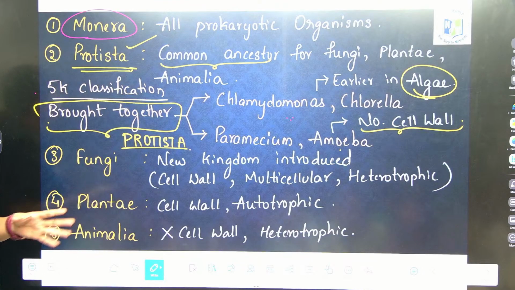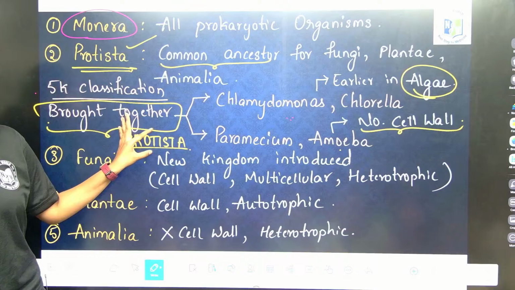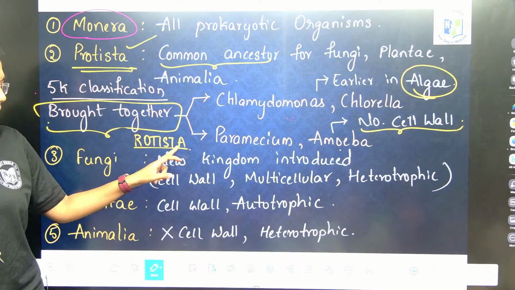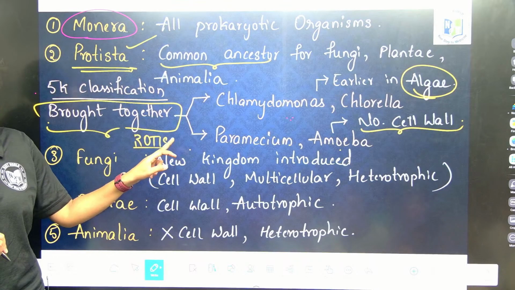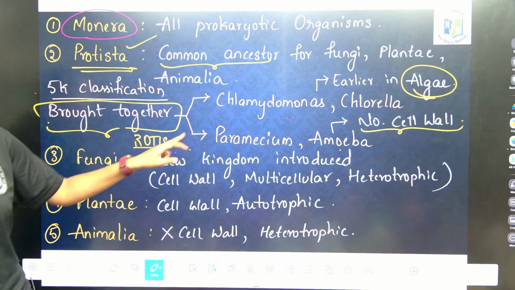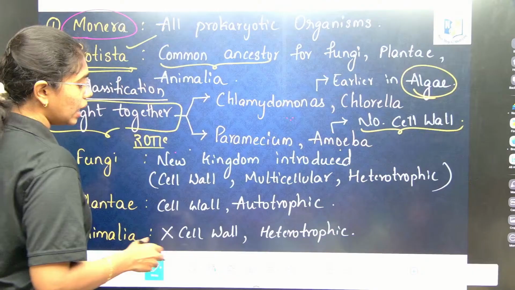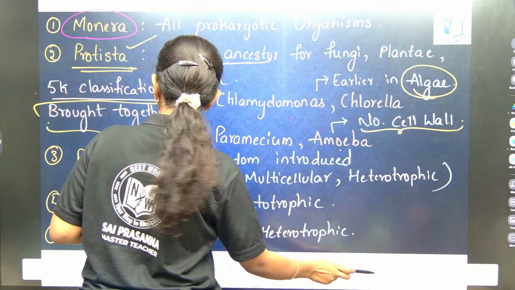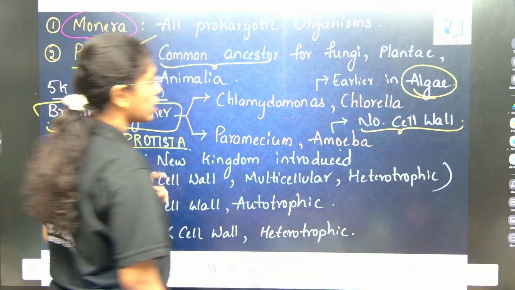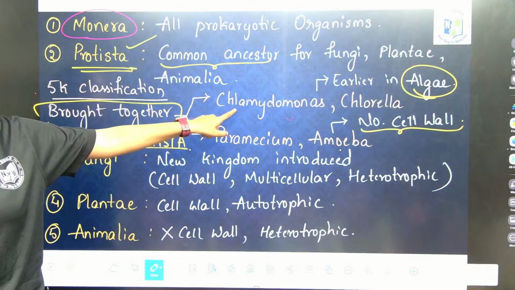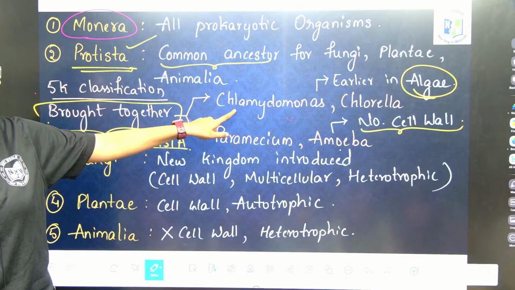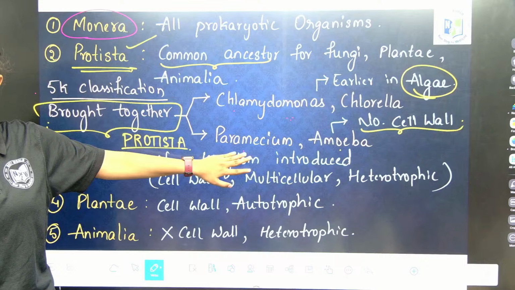Any of the eukaryotic cells is placed under Protista. Likewise, you will have plant-like protists, fungi-like protists and animal-like protists. So, all these organisms are placed into a single kingdom. They are brought together under which kingdom? Protista. Previously, they were placed in algae.